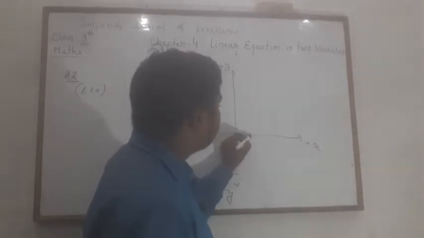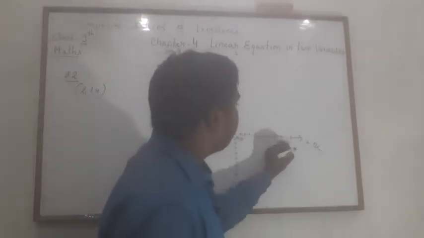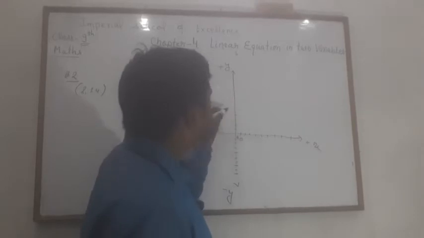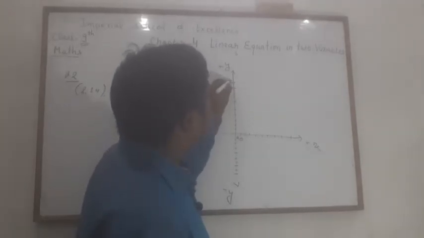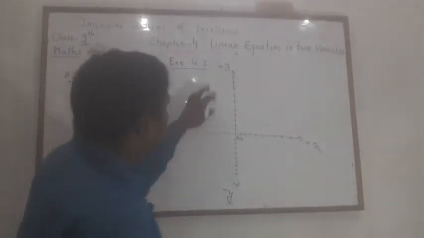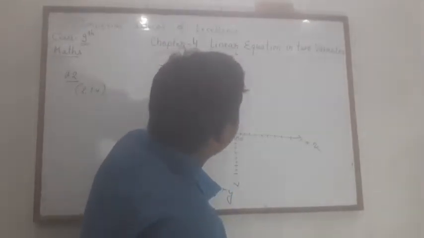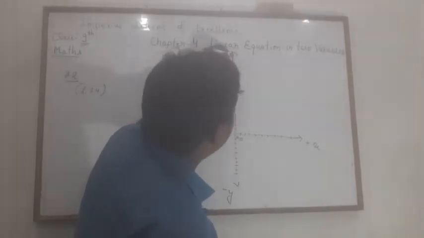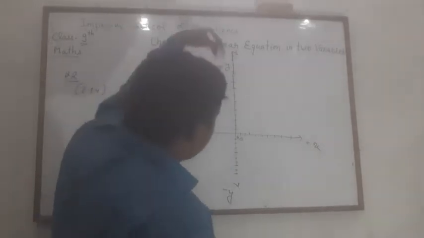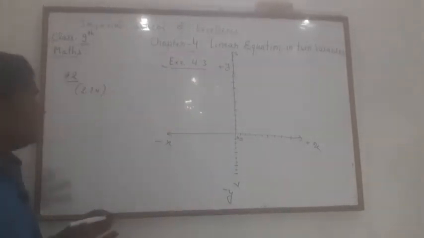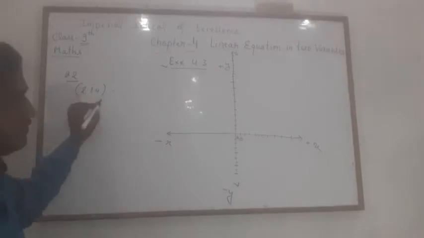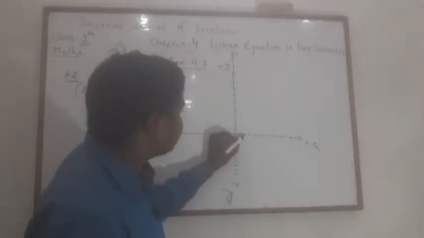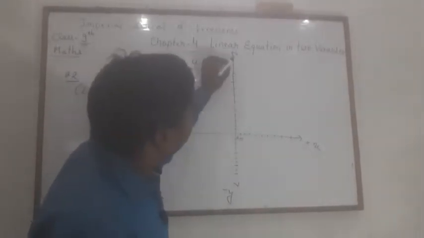This is 1 2 3 4 5 6 7 8 9, 10, 11, 12, 13, and it will be 14, and so on. So now for (2, 14), where is the point? On the x axis it is 2 and on the y axis it is 14. So the point is somewhere here.